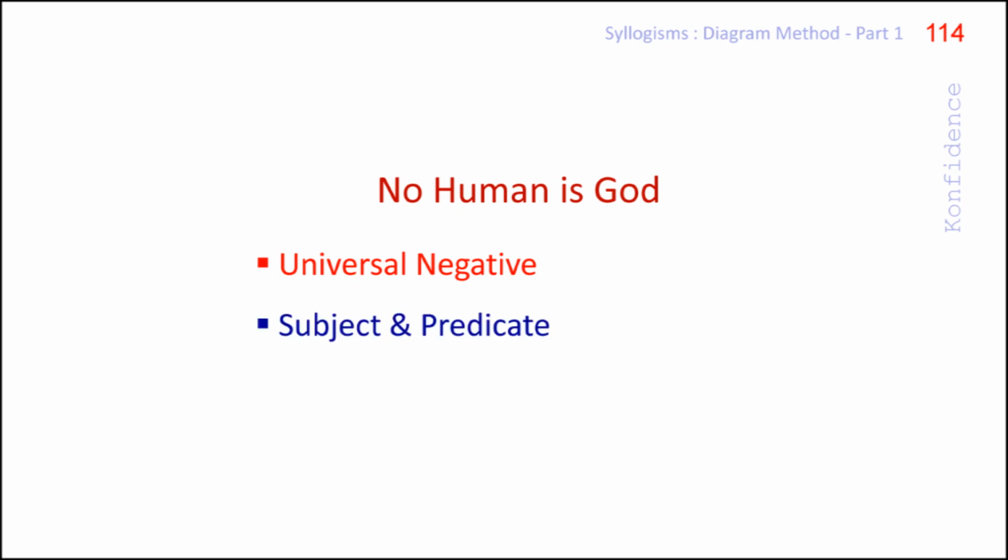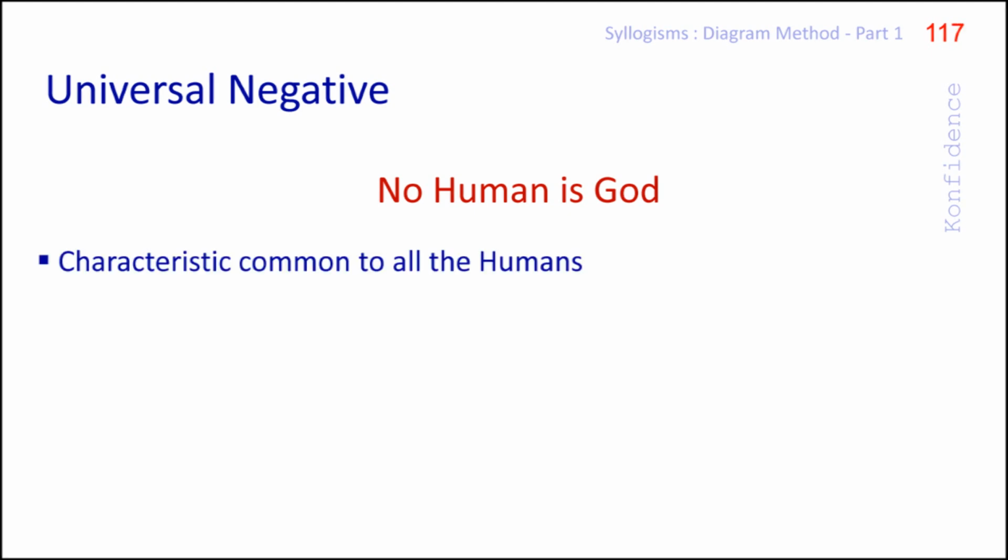Look at the statement, no human is God. As per our classification, it is a universal negative statement. As we have seen, in a universal negative statement, both the subject and the predicate are distributed. Let us look at the categories humans and gods in this statement a bit more closely. Do we know a characteristic common to all humans?